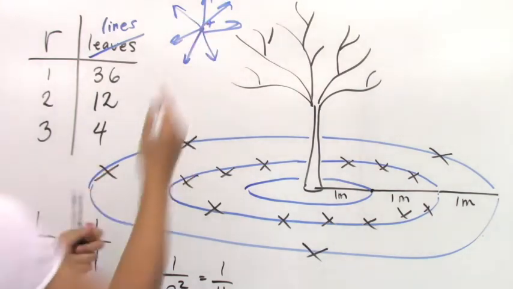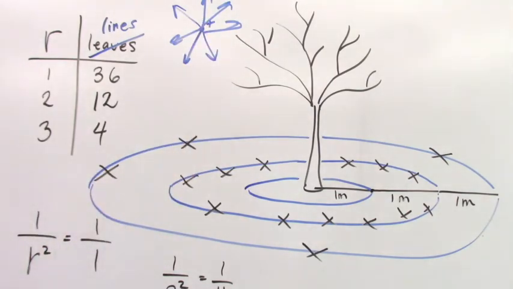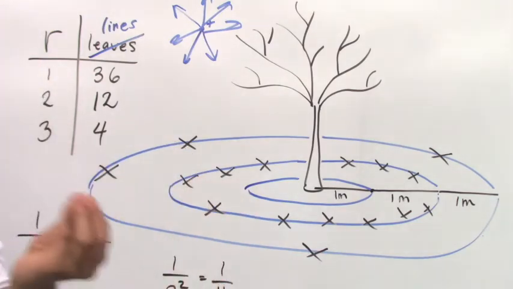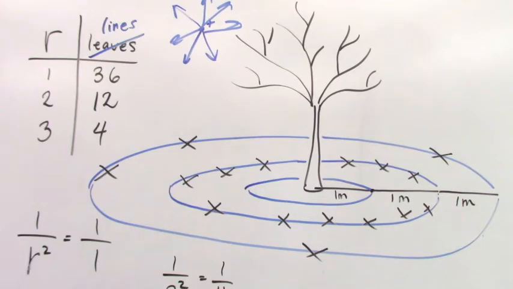And if you were 1 meter away from that source of charge, you'd find, let's say, 36 field lines. If you're at 2 meters away, you'd find 12 field lines. And this number allows us to see the magnitude of that electric field. Make sense?